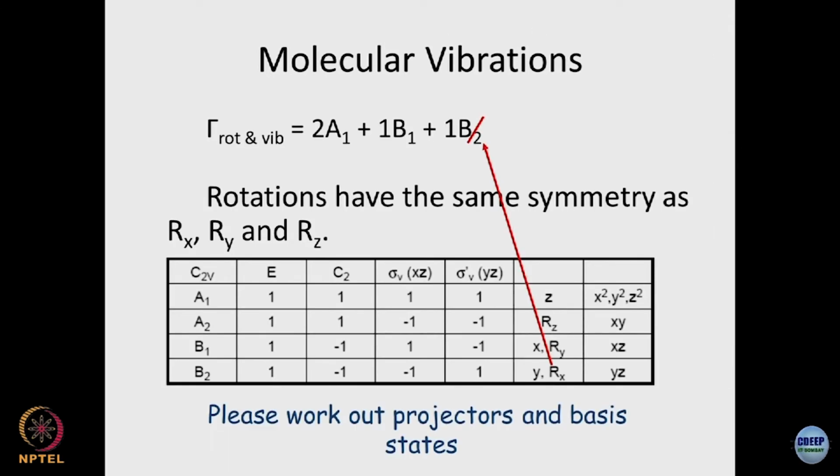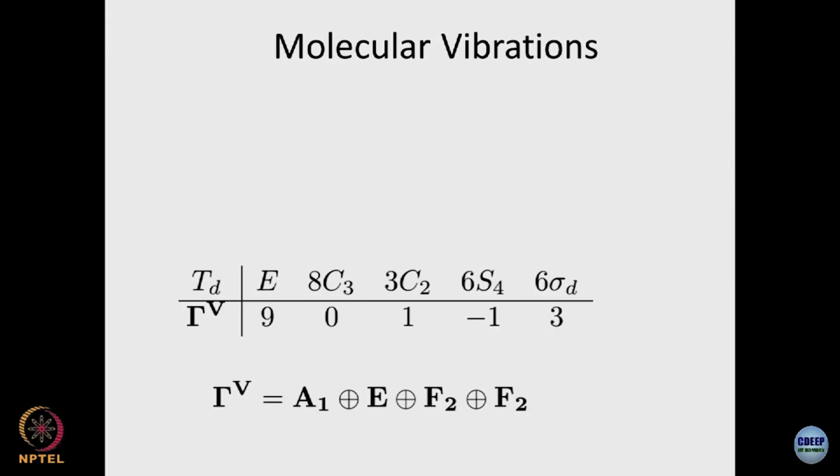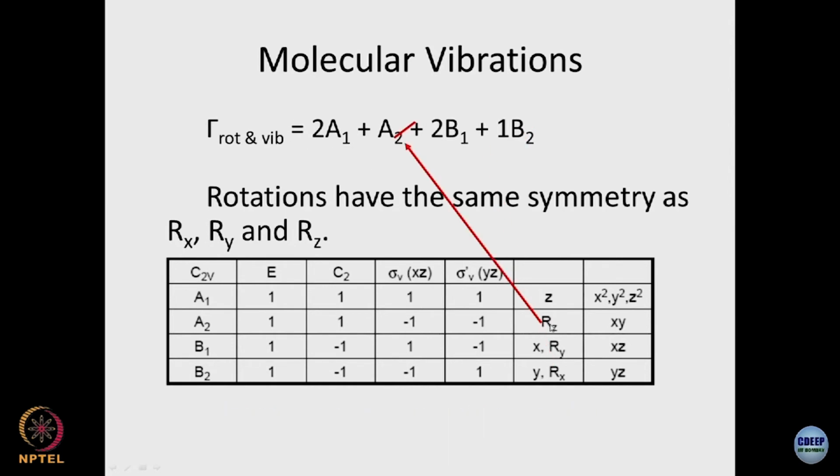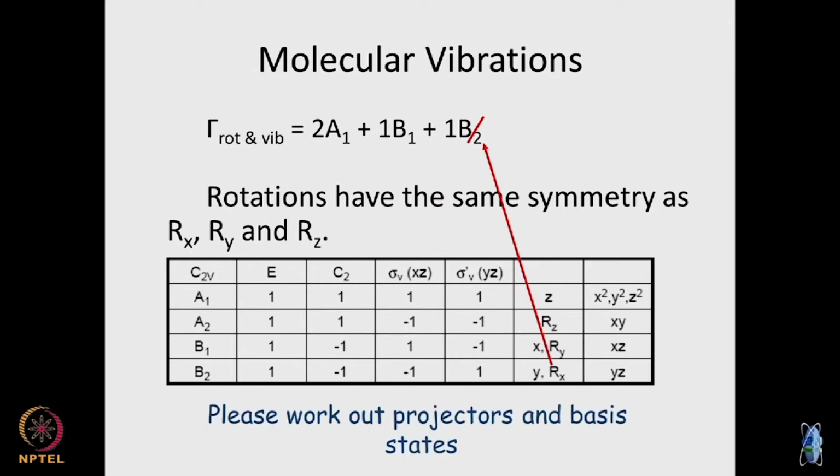So, once I do that, I get the... I probably missed out, there is a B1 rotation. What happened? A2, B1. So, the answer will be... there should be 3 rotations, no?